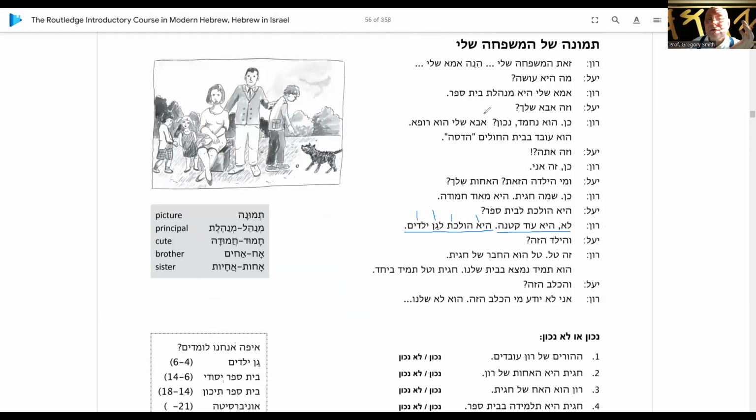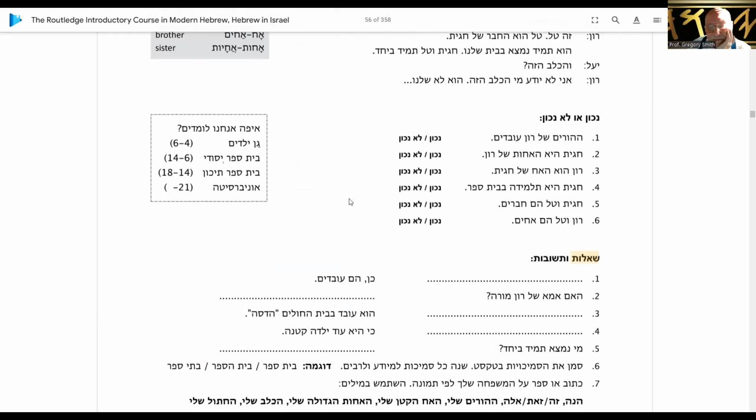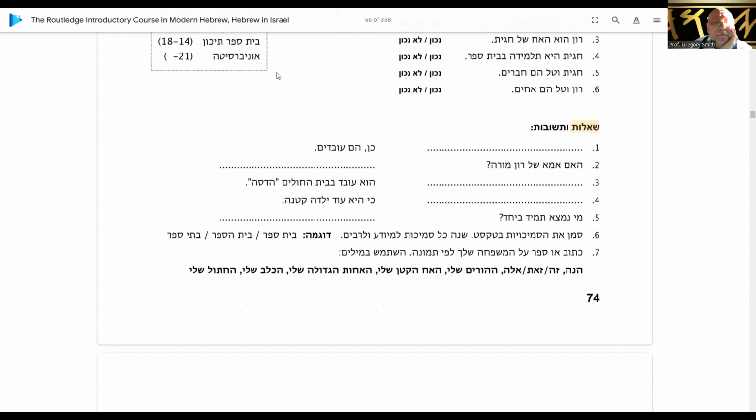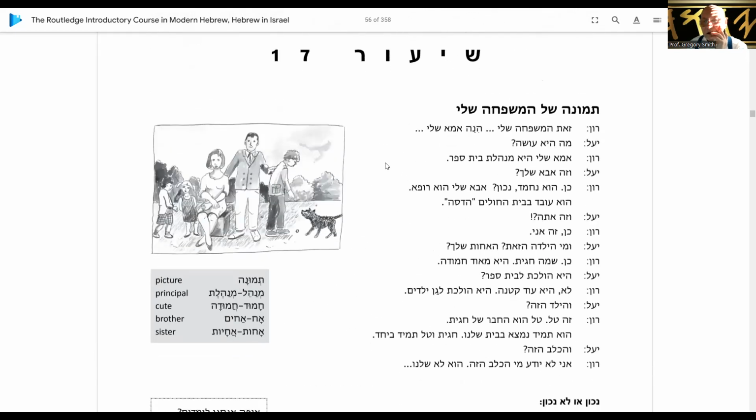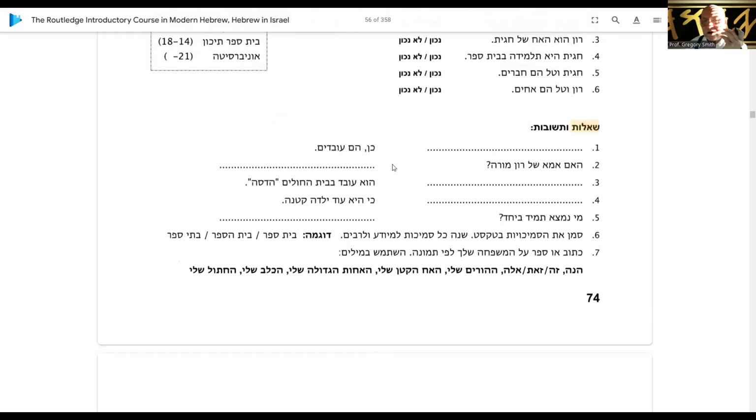So in answer to ki hi od yalda katana, because she is a little girl, the question would almost be a why question. Why doesn't she go to school? Something like that.